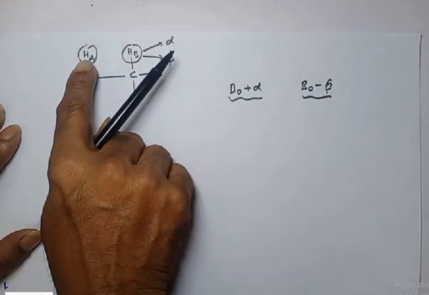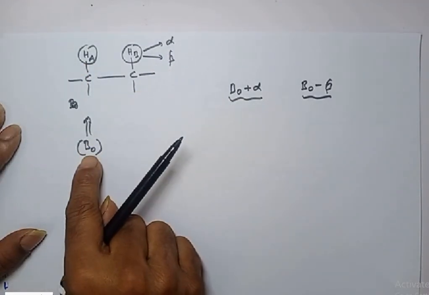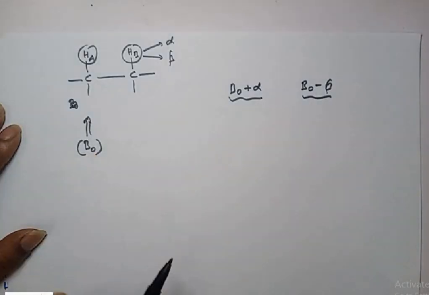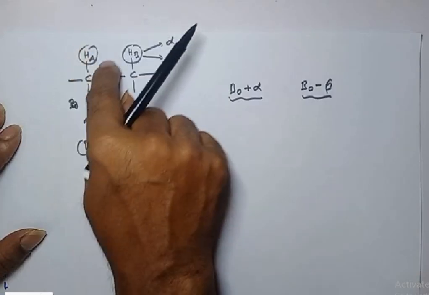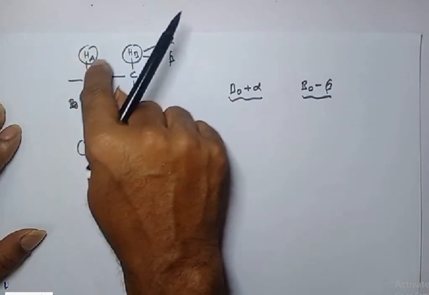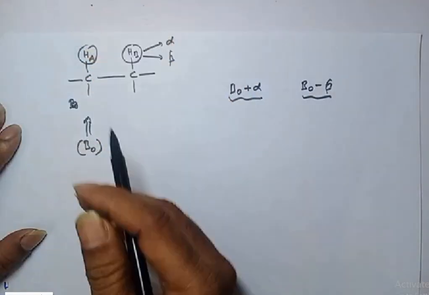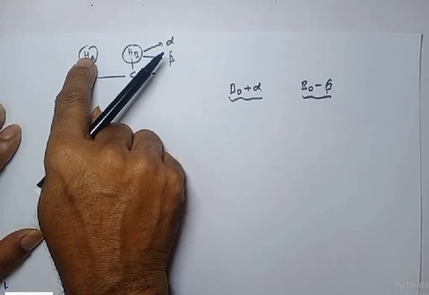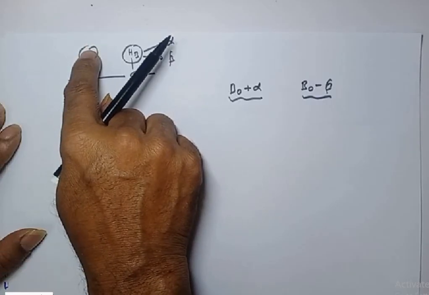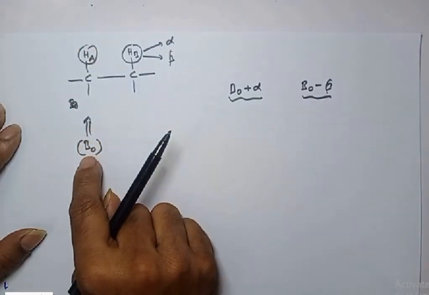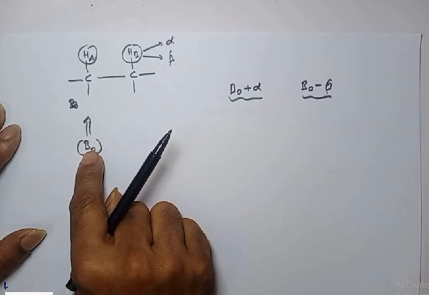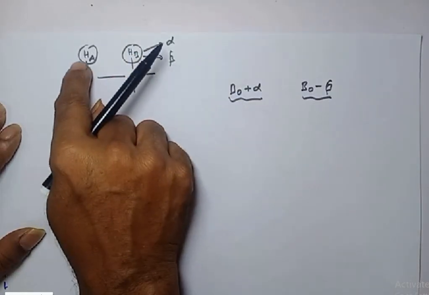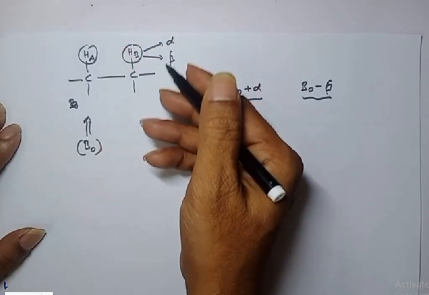So nucleus A does not feel only the external magnetic field B0, apart from the electrons which are present outside the nucleus. Observe carefully, we have nucleus A and the surrounding electrons, which are supposed to feel this magnetic field, but due to the presence of the adjacent proton there are two possibilities, alpha state and beta state.